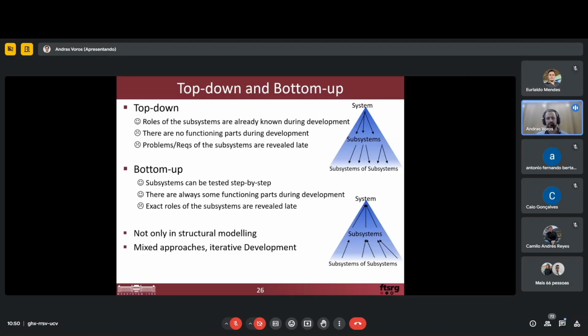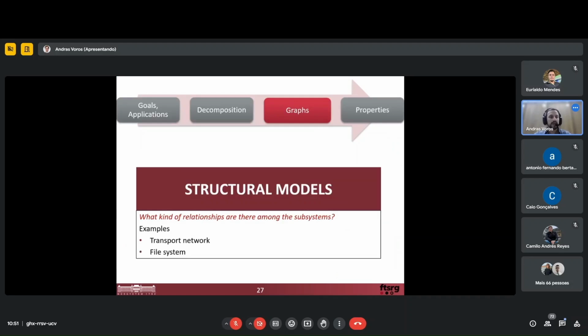If we have time, tomorrow I will show, I guess, a nice approach that we developed and used with the industry. That combined iterative development with all these approaches, and we used various testing and verification methods during the development.